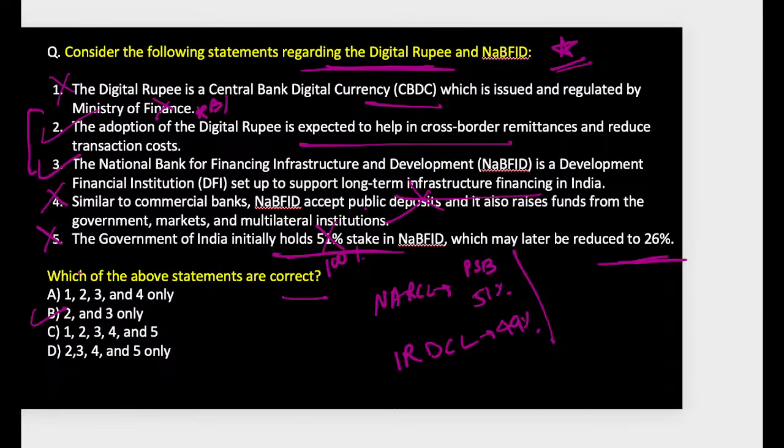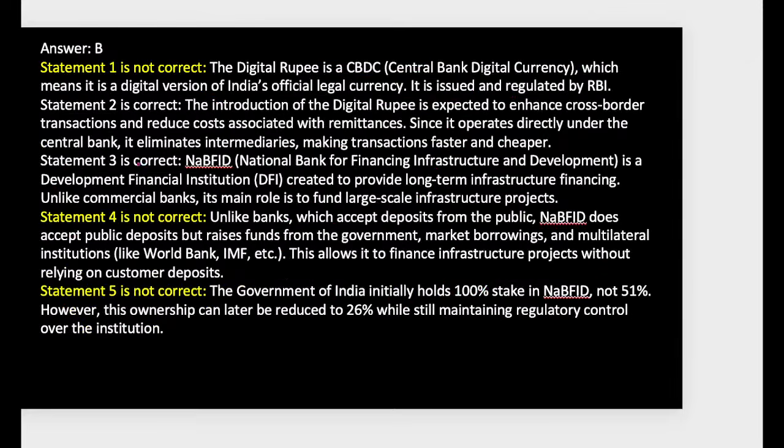Yes, Rani ma'am also marked the correct answer. So 2 and 3. Initially it was 100%. The government later can reduce this to 26%. So B will be the right answer. The others are incorrect. Initially we have a 100% stake.